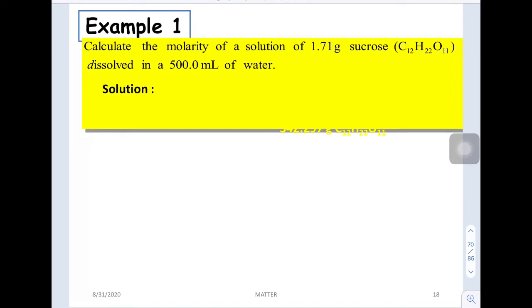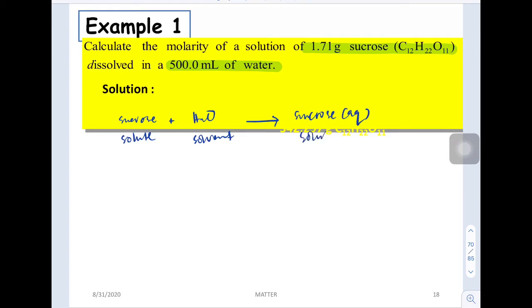We have a solution of 1.71 gram sucrose that is dissolved in 500 ml of water. So when we get a question, firstly we have to identify what is the solute, what is the solvent, and what is the solution. In this case, the solute is sucrose that is dissolved in H2O, the solvent, and it will form aqueous sucrose.